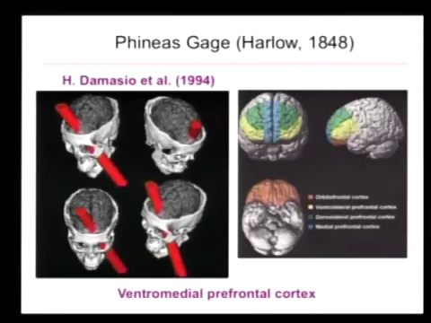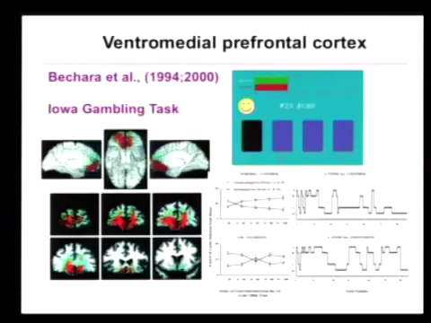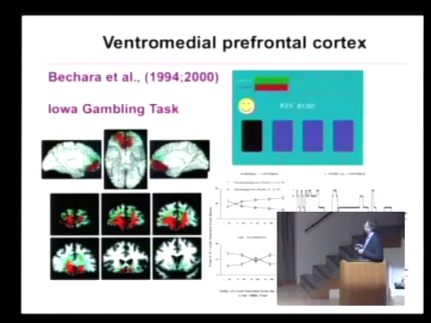So this region, together with this, collectively can be called the ventromedial prefrontal cortex. And this was the area that seemed to be most impacted in Phineas Gage, at least according to Hannah Damasio and her colleagues.